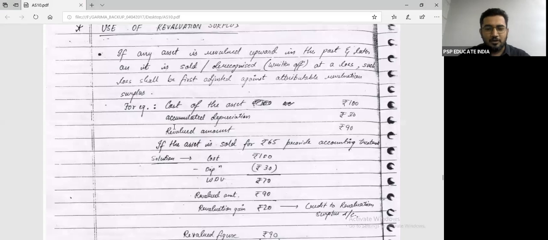Okay. Look at the next one. Revalued amount is 90.